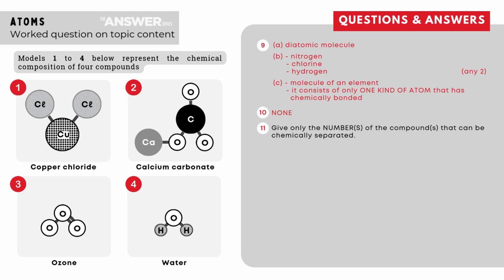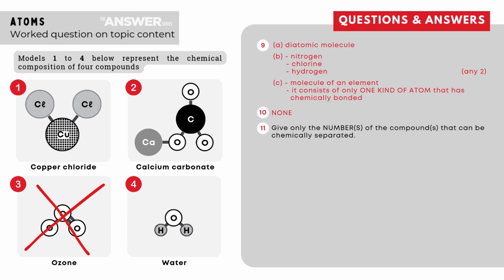It consists of only one kind of atom, so you can't really break it down into original elements because it's still going to be the same thing, and you can't break it down into other elements or other compounds. So if we look at our 4 options, that immediately removes number 3, ozone, as an option to our answer, because ozone is a molecule of an element. So again, it can't be physically or chemically separated.